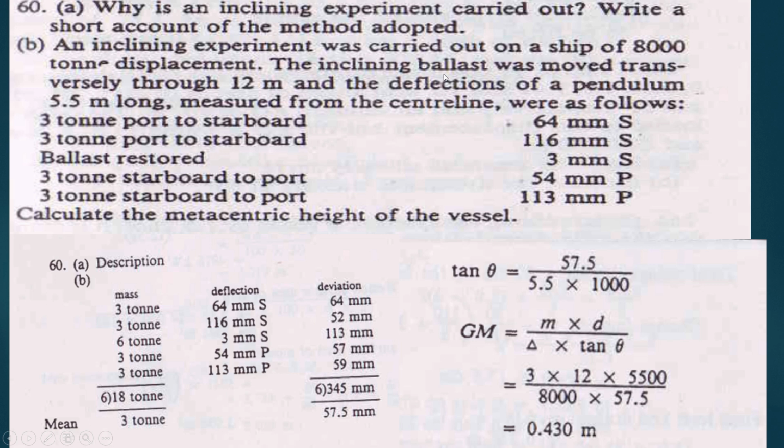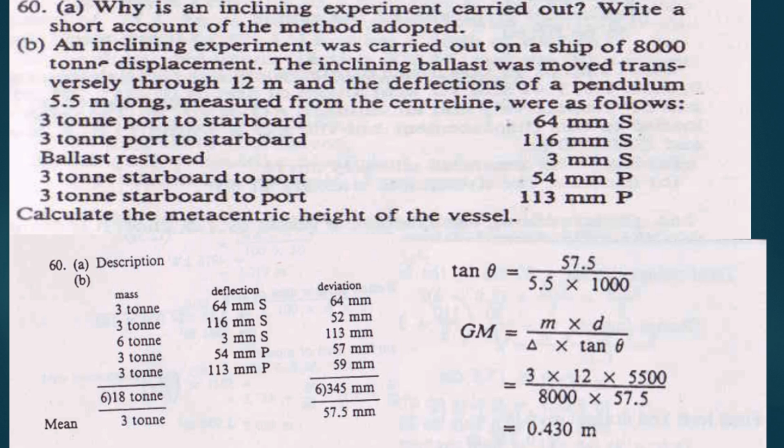The inclining ballast was moved transversely through 12 meter and the deflection of the pendulum, 5.5 meter long, is measured from the center line and were as follows. So these are the weights given within the question. So we need to find the metacentric height of the vessel.